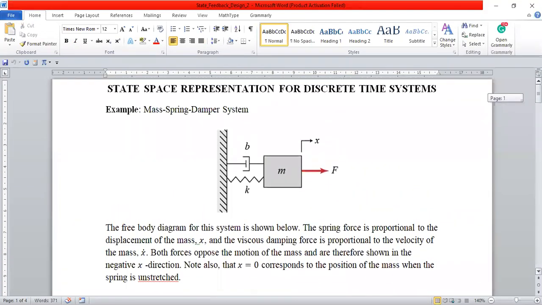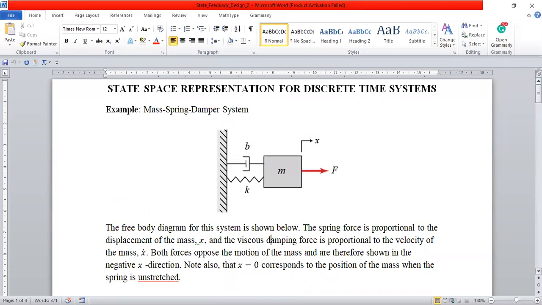So you have the mass spring damper system. So this is a mass given by M. Then this F is the external force. Then it has two opposite forces acting on it, where B is the damping force, is the damper, then K is the spring constant.